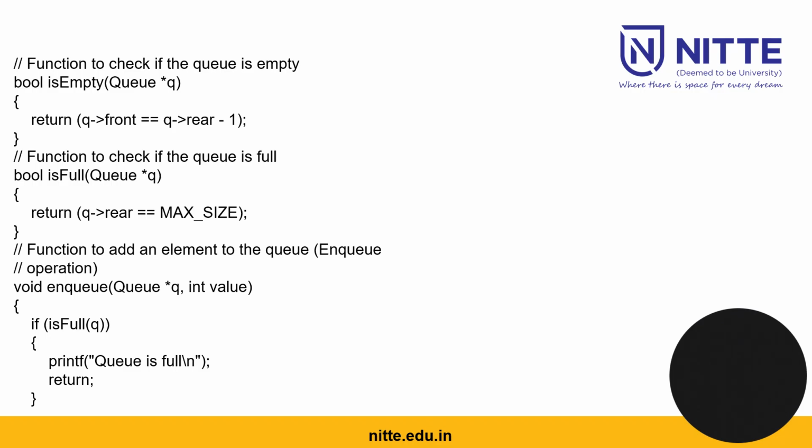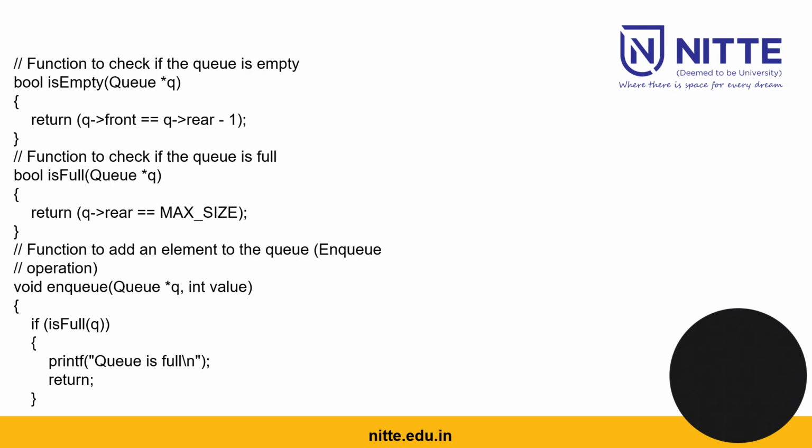That means if the q front is equal to q rear -1 value, then what will it return? That means the queue is empty. That means it has values what here? 0 and -1. Okay. So that is why it will return that the queue is empty.